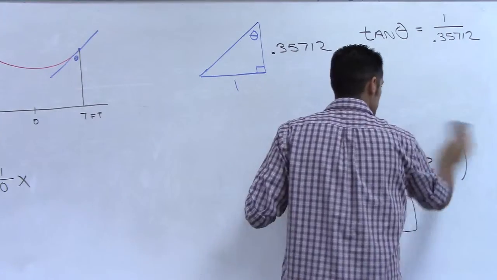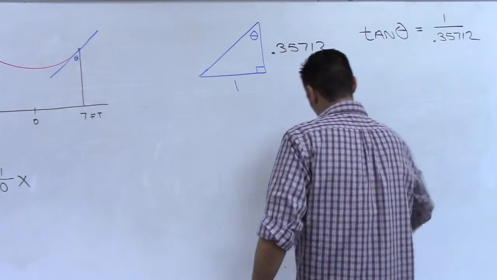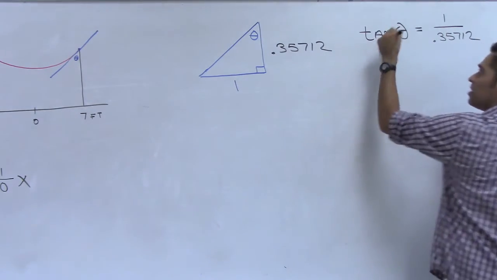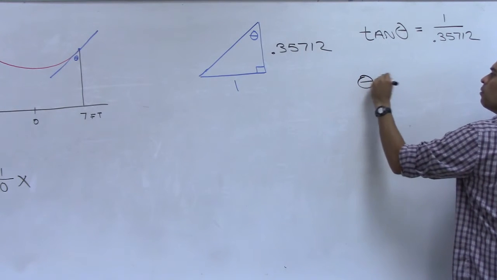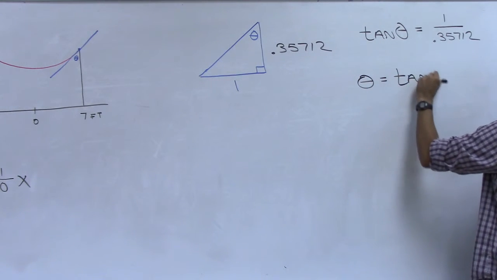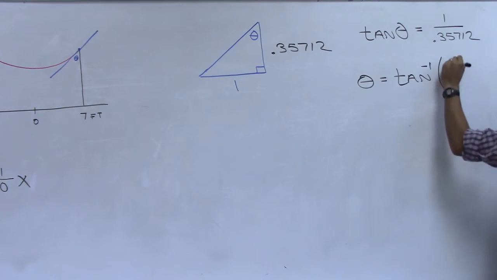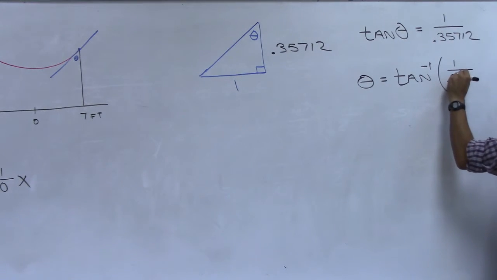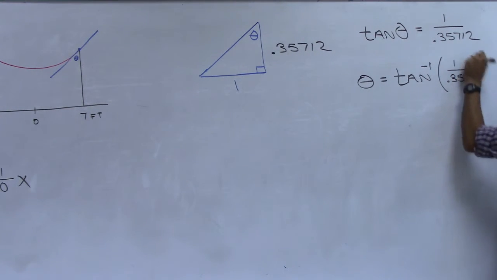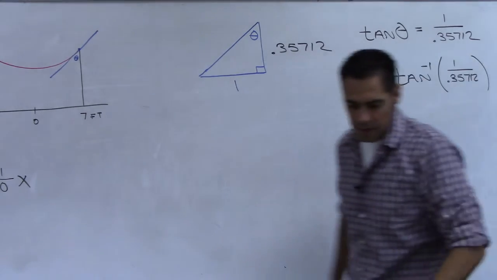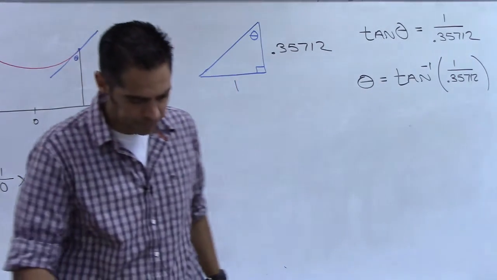Arctan on both sides, good. So if I take inverse tangent on the left side, I get theta. What I do to the left, I have to do to the right. So who's going to give me the answer off their calculator? And make sure you know what mode you're in, because I want the answer in degrees if possible.